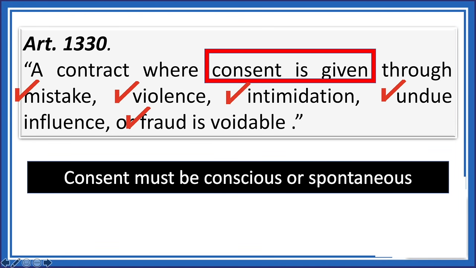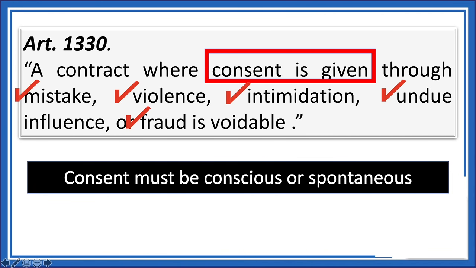Dapat it is intelligent, meaning yung nagbigay must have the capacity to give that consent. Second, it is free and voluntary, freely given, hindi pinilit, walang violence, walang intimidation, okay? And third, it is conscious or spontaneous, meaning there is no mistake, there is no fraud.